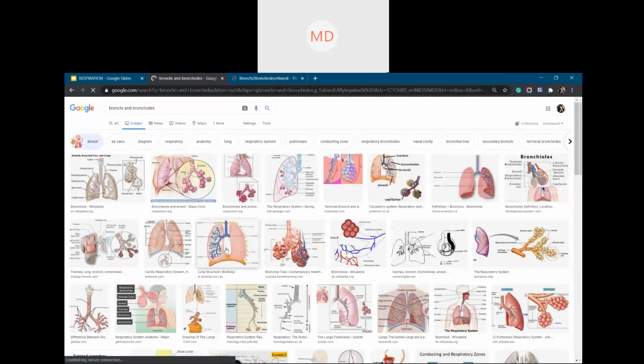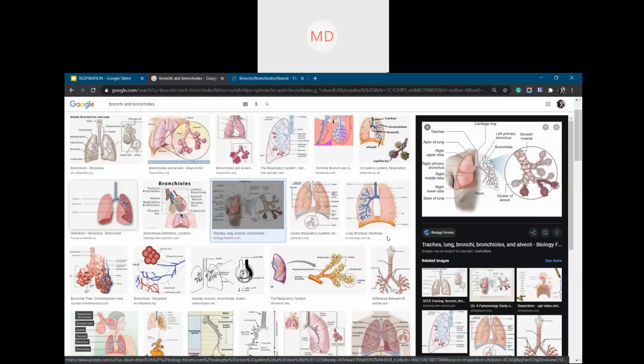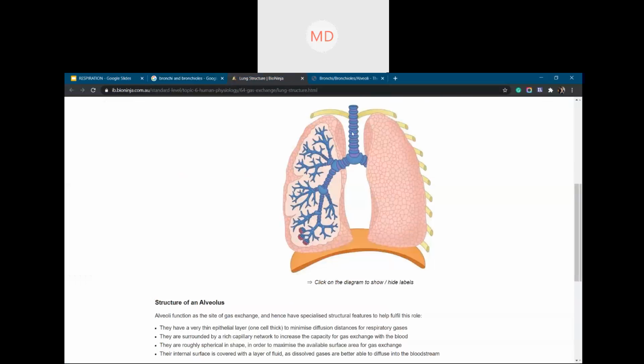I'm not getting a proper diagram, but still. This one is the bronchi. You can just imagine a tree.